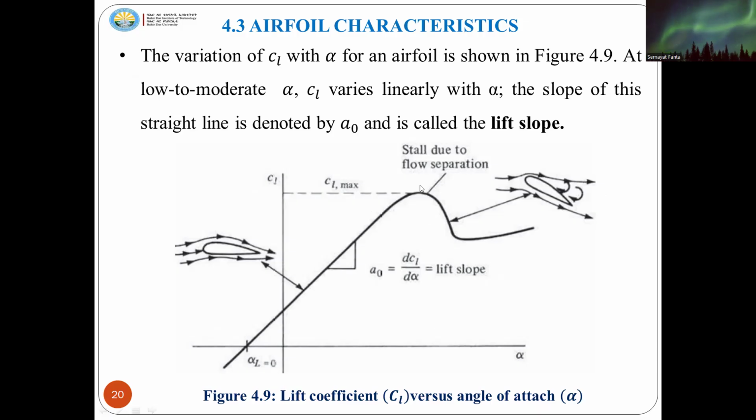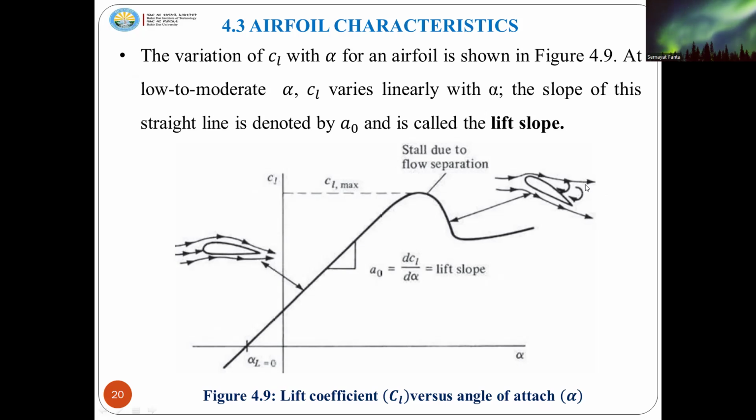And then once it reaches the stall angle of attack, in the remaining section the behavior of the curve is nonlinear and continuously decreasing. That immediately causes the aerofoil to encounter flow separation at the back of its shape.